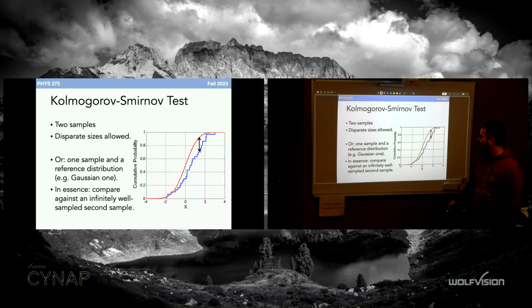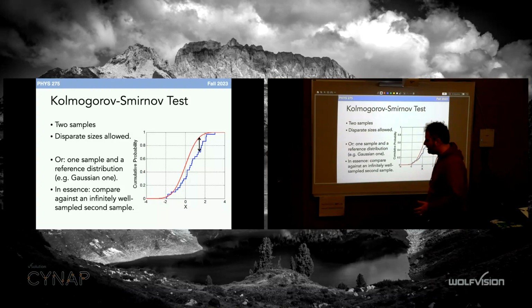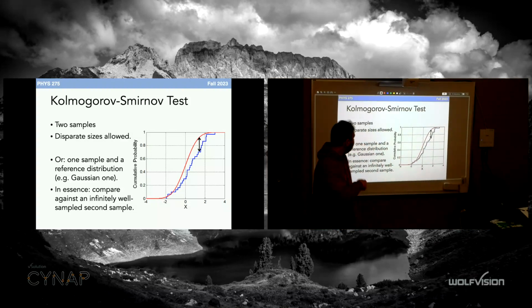Yeah? All right, so what does the KS test actually do? Really disparate sizes are allowed, so that's a really big benefit. I look for the biggest space between both distributions. That's it. Where do I see the most daylight? It's like this arrow here, this is the biggest gap between the blue sample and the red sample.